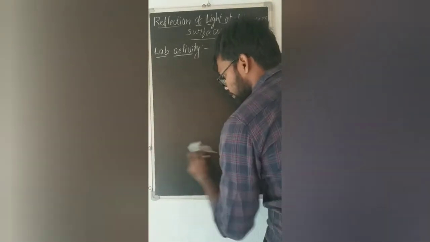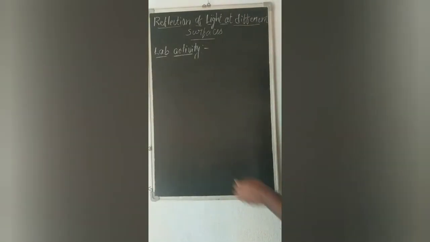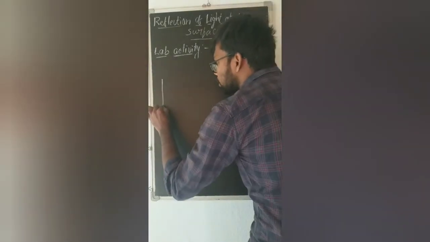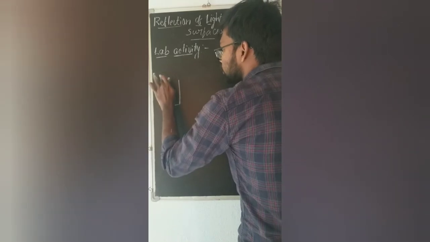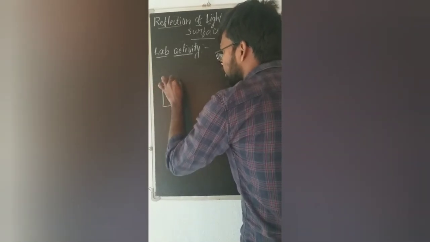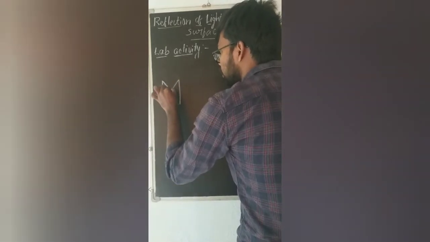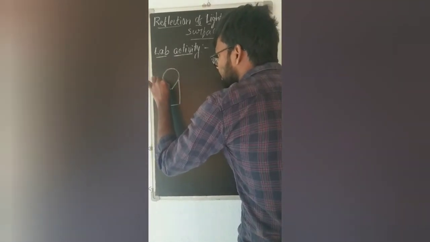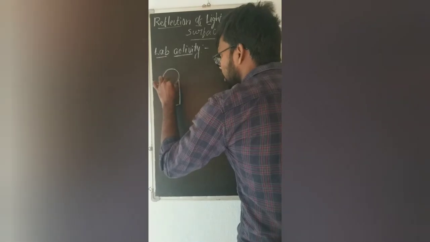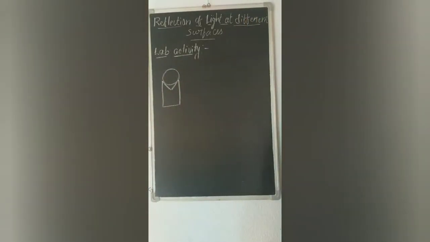Okay, for example, this is the V stand. Okay, this is V stand and we are placing a concave mirror like this.